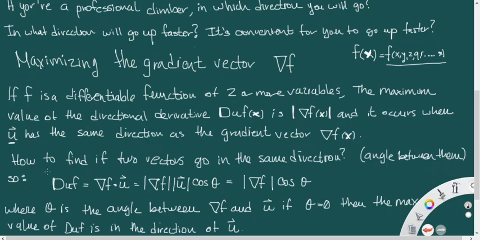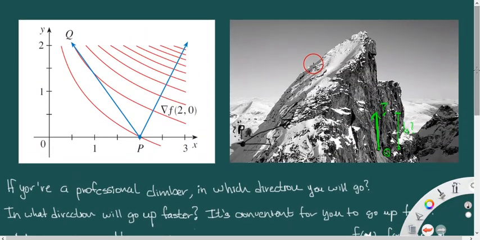So in this case, this is the gradient of f, which is this vector. And if you see, it's going in the direction where the function is getting the maximum value. But here we have another vector which goes from P to Q. And what do you think will be the direction of the maximum change?